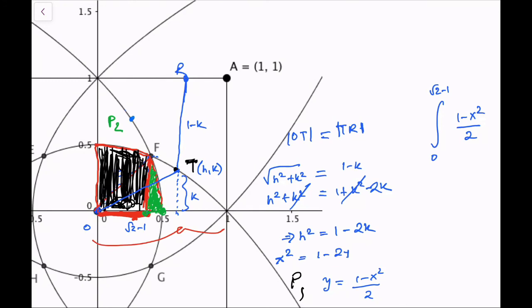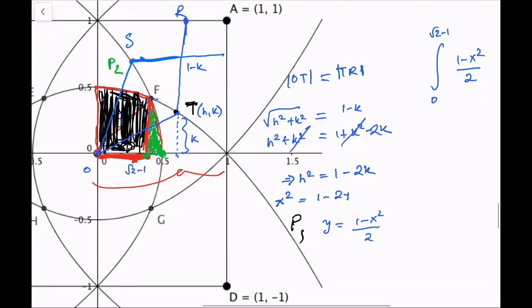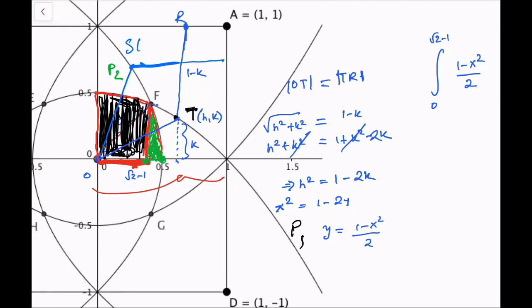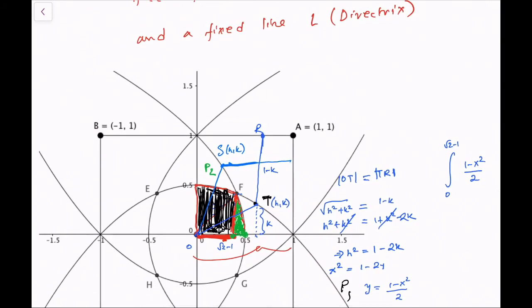We pick a point S on this second parabola, join it with O, and this side is AD. Suppose it's h comma k, then again we have square root of h square plus k square equals 1 minus h in this case, because this much is h.